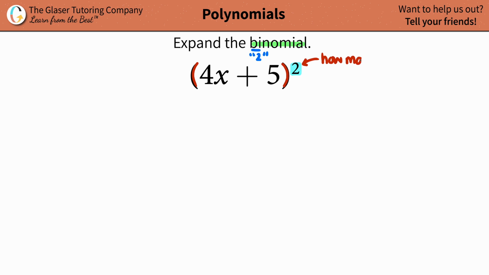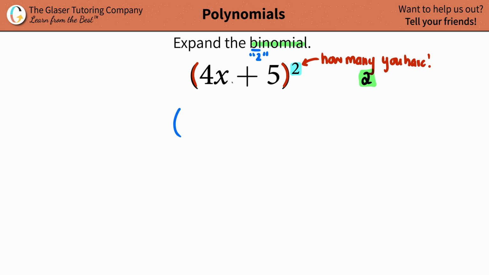In this case, we got 2 of them. Big number 2, it's being raised to the second power. So that's how many times you must write it. So I have two 4x plus 5s.